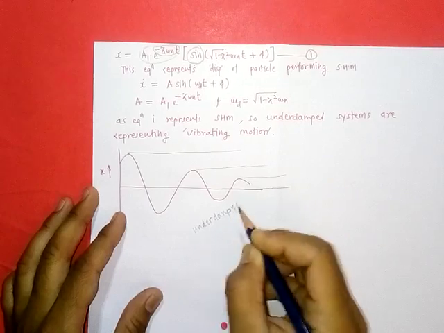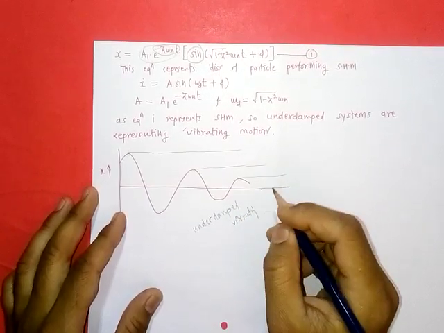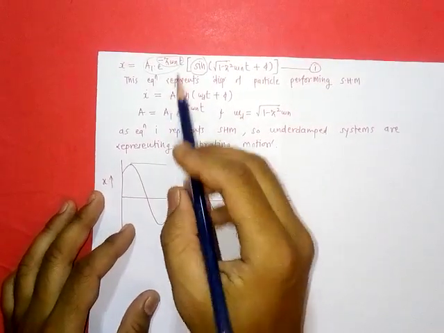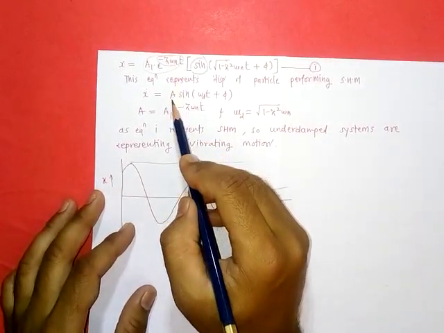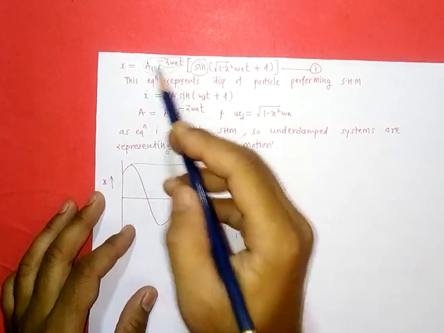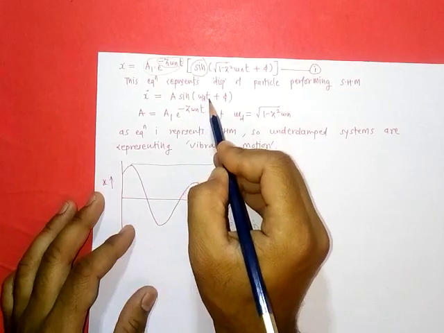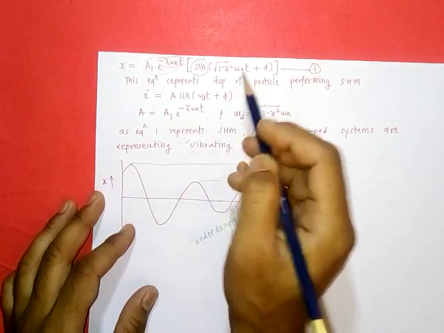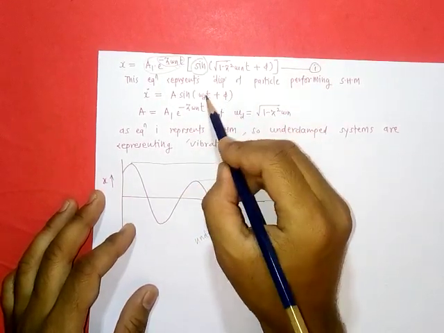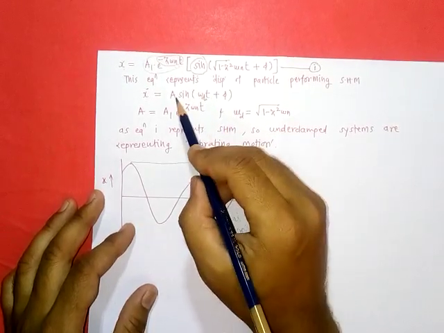Underdamped systems are vibrating systems, and if we compare this with our standard SHM equation, x is equal to a sin of omega t plus phi, where phi is the phase difference, omega d is the damped frequency, and a is the amplitude.